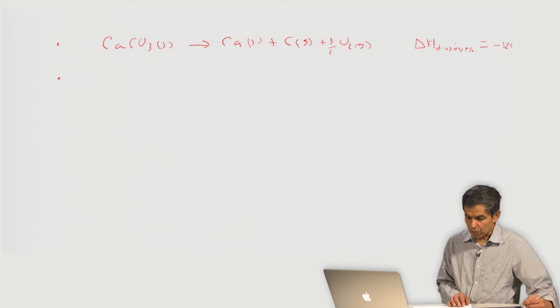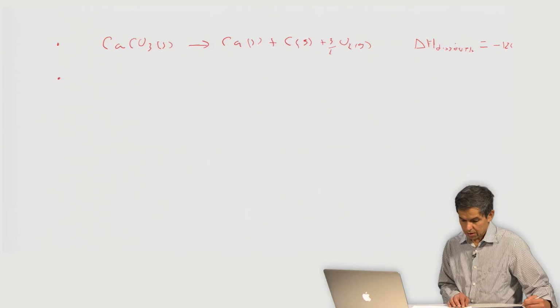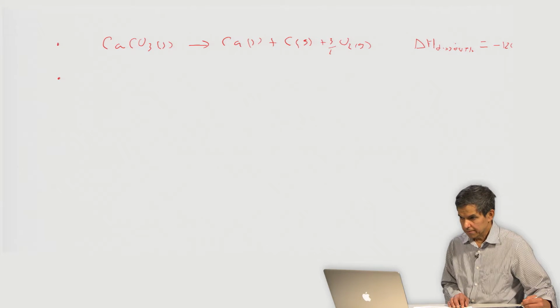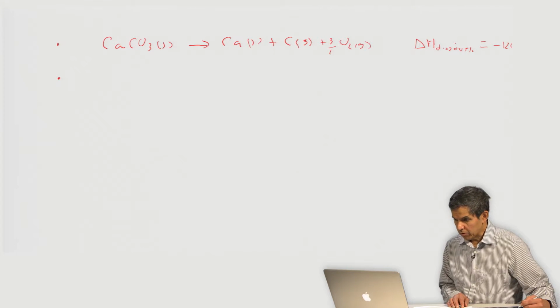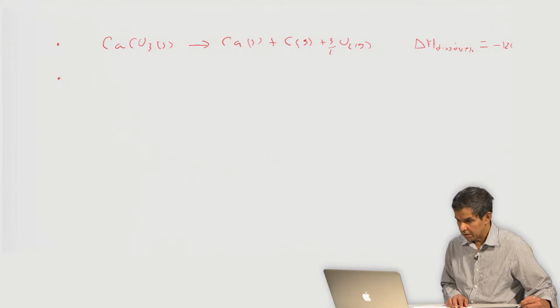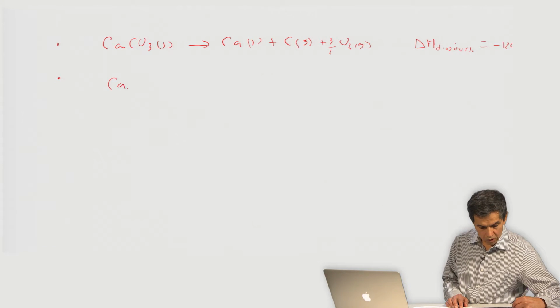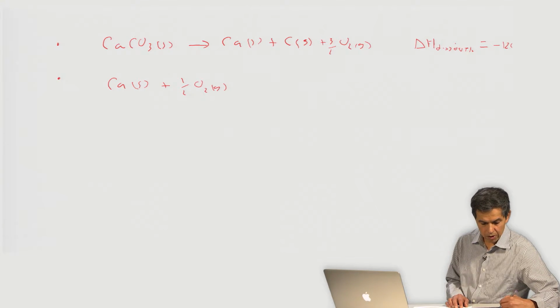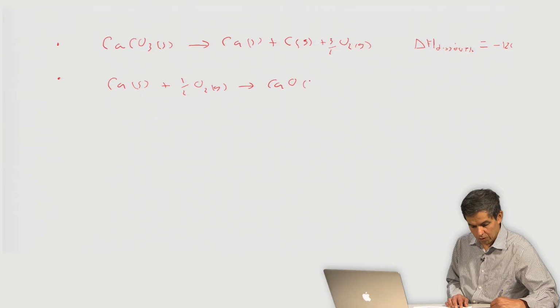The second component of this is the formation reactions. For the formation reactions, we are going to have calcium plus 1/2 of oxygen molecules in the gas phase to form calcium oxide, which is a solid.